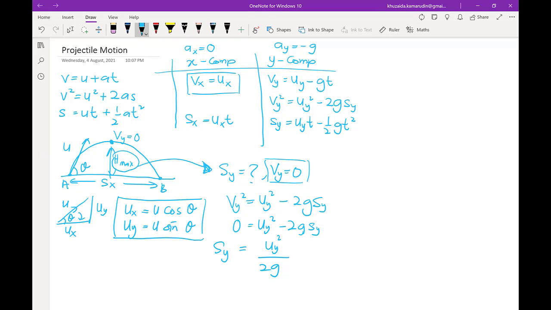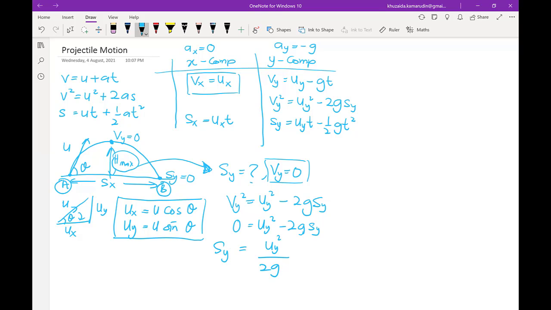And one more, the information that the question won't state, dia tak sebut pun dalam soalan, but you know already. If the question asks the total time of flight, maksudnya masa bola ini terbang dari point A sampailah ke point B, sampai sahaja point B over here, the value of SY equals 0.